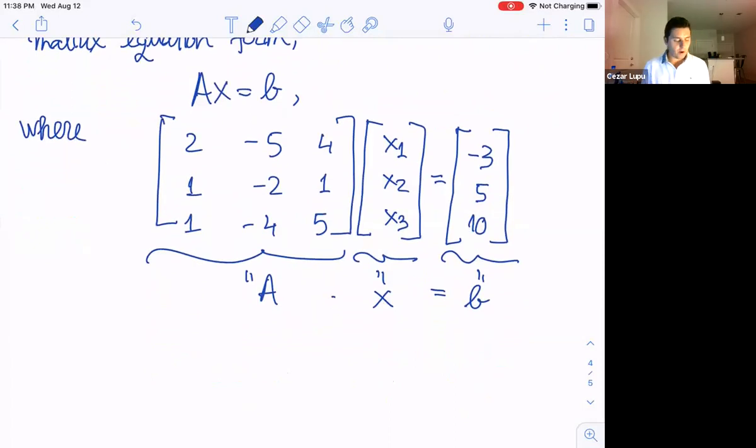What do we know about this equation? Usually this matrix equation, we have said in one of the lectures, I think it was chapter 3.